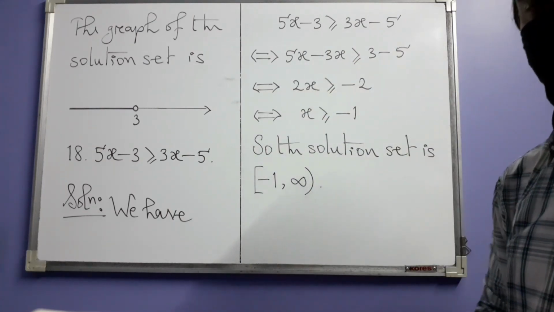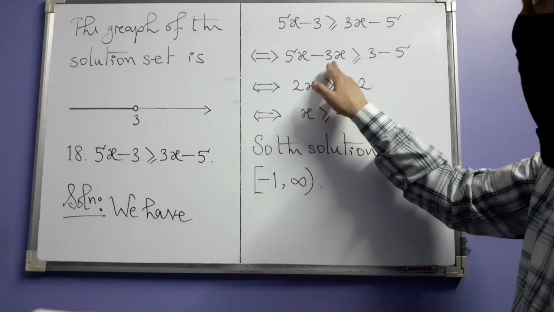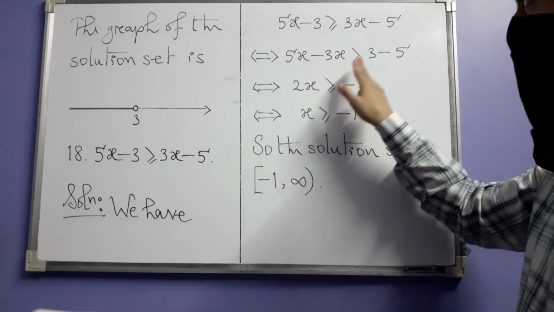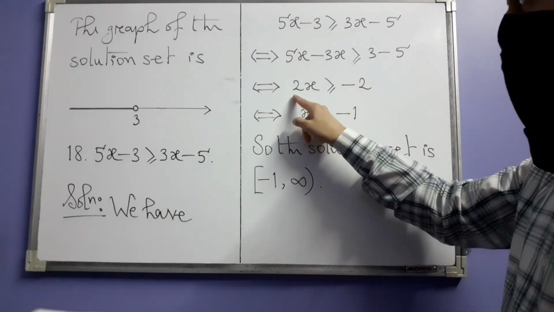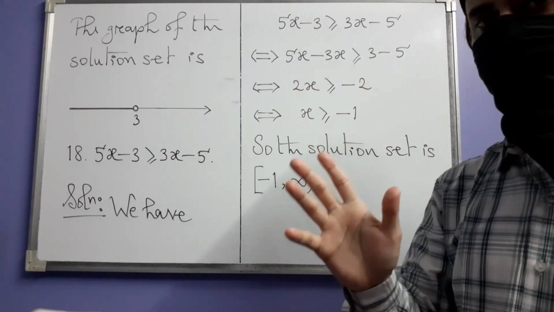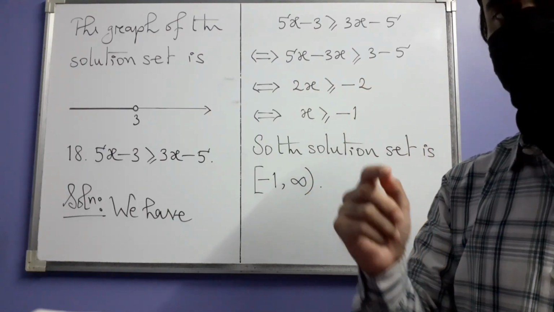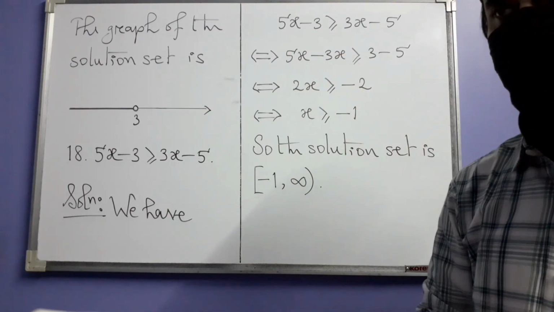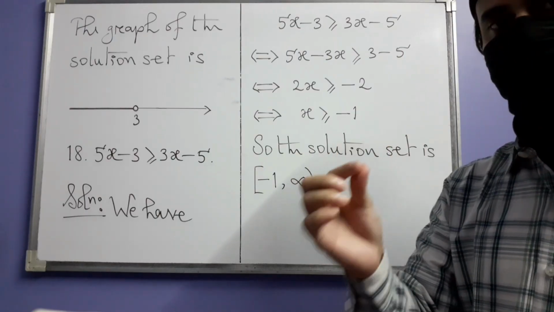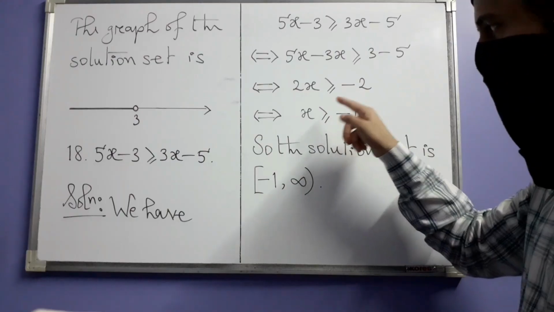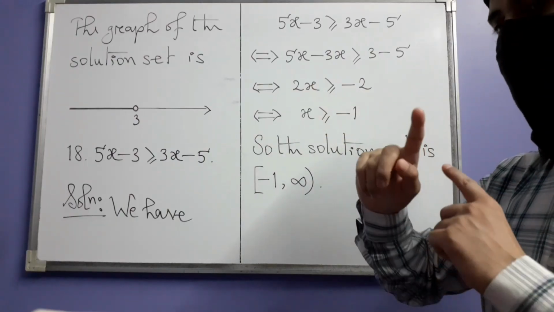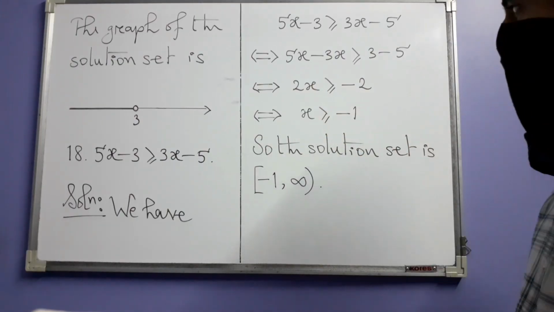So 5x minus 3x then becomes 2x, and 3 minus 5 is of course minus 2. And then in the next step we divide both sides by 2, or multiply both sides by 1 divided by 2. Because this number 1 divided by 2 is a positive real number, the inequality retains its direction. It does not get flipped.